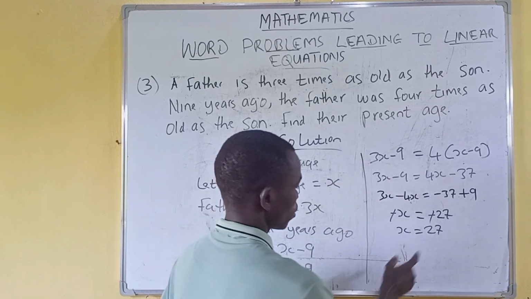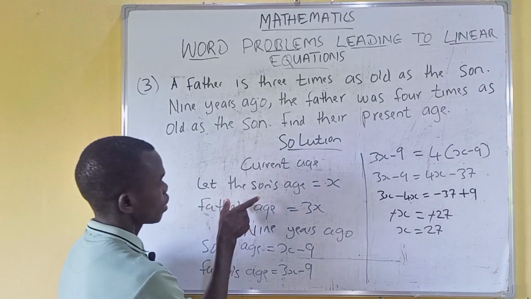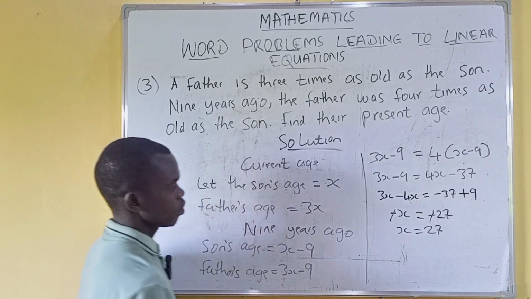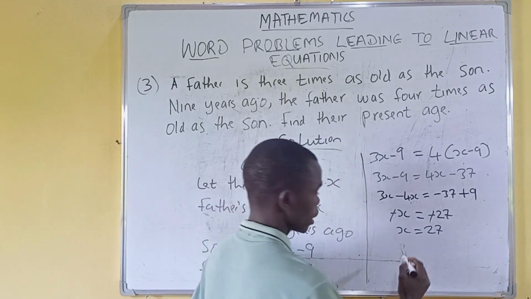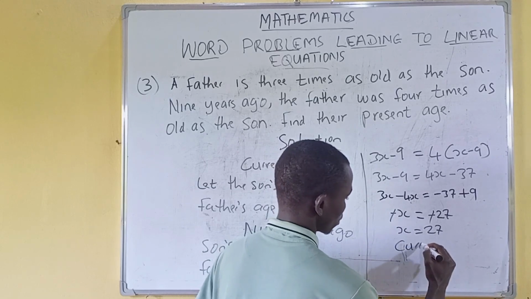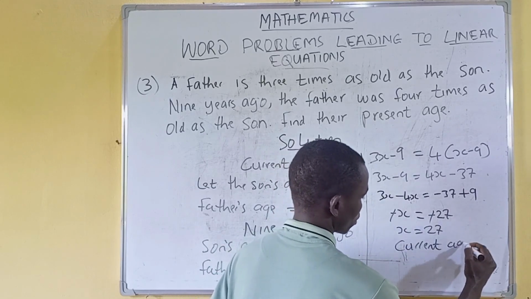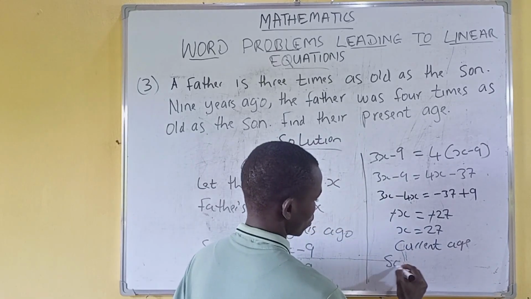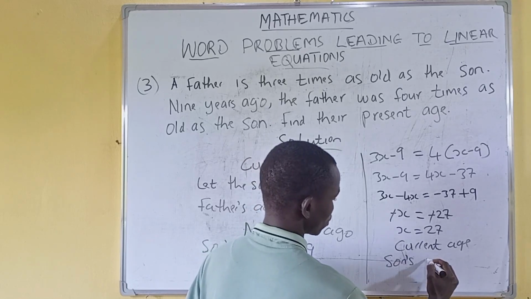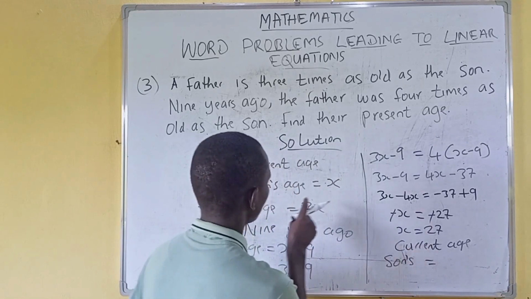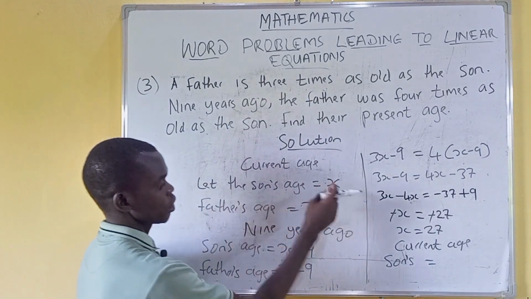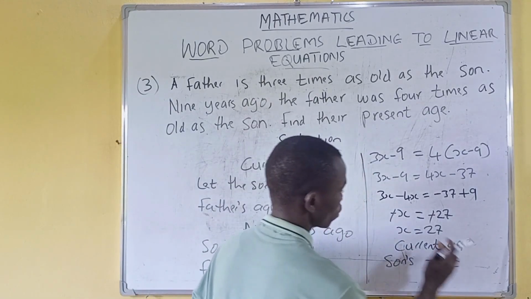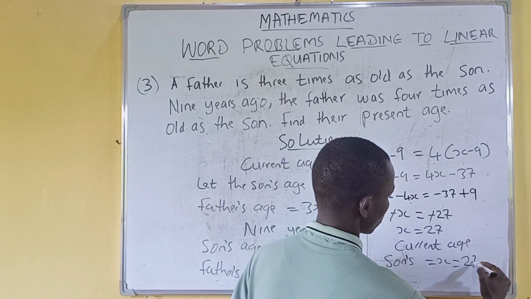From here, we can find our current age. So their current age of that of the son will be equals to, since the son's age is S, now be equals to S, which is equals to 27.